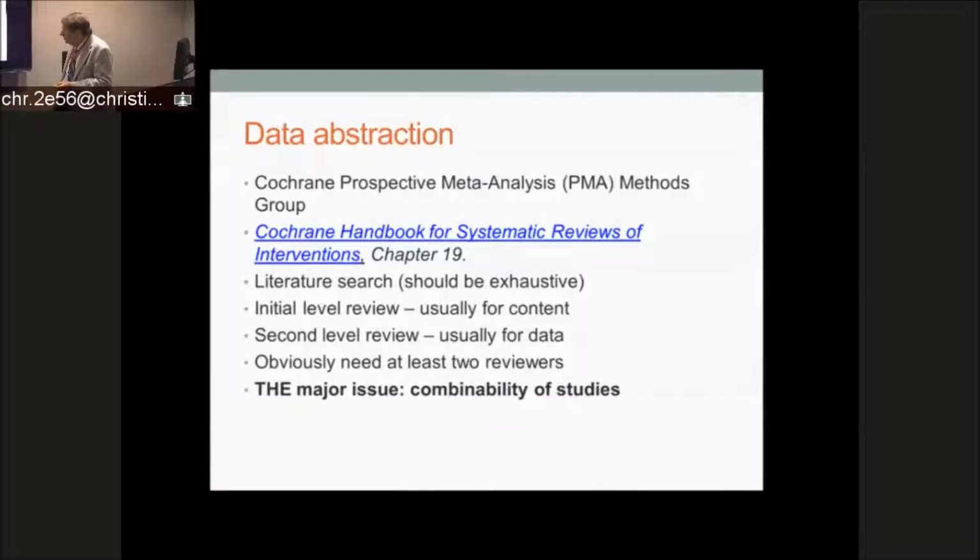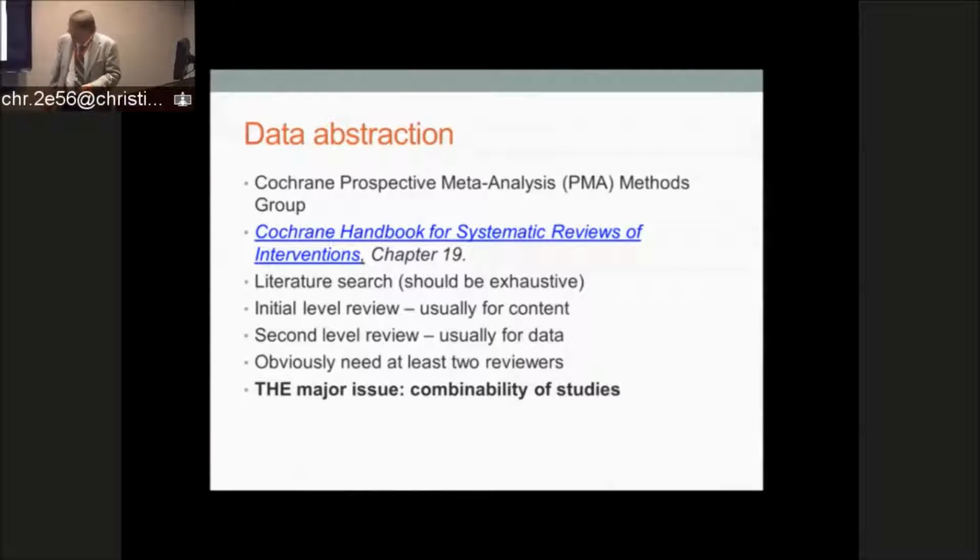Then a second review is usually going through the ones that you've selected from the first one and finding out if they actually have the data, if they've presented the data that you can use in the meta-analysis, because oftentimes there are articles that deal with the content that you're interested in, but they don't present the data that you would need to actually do a meta-analysis.